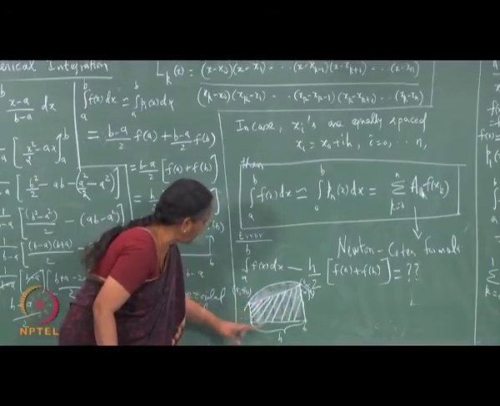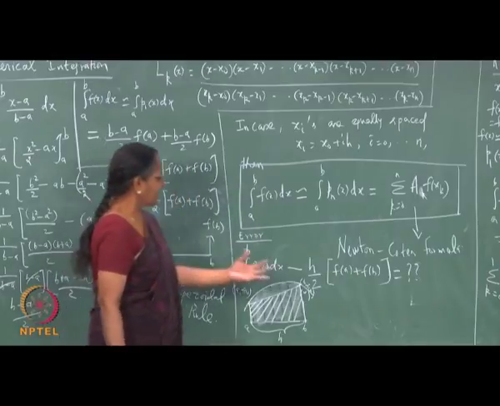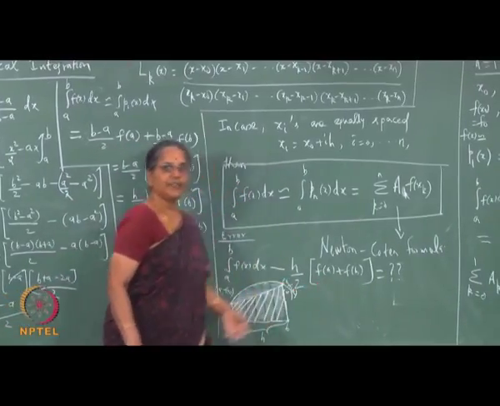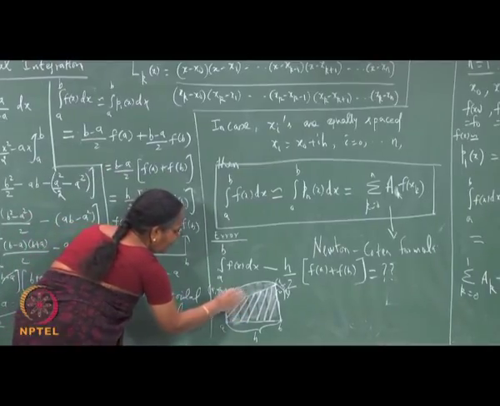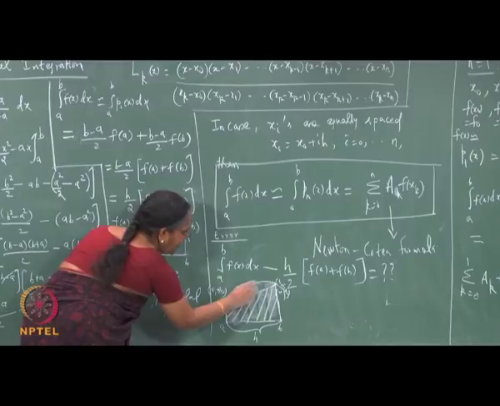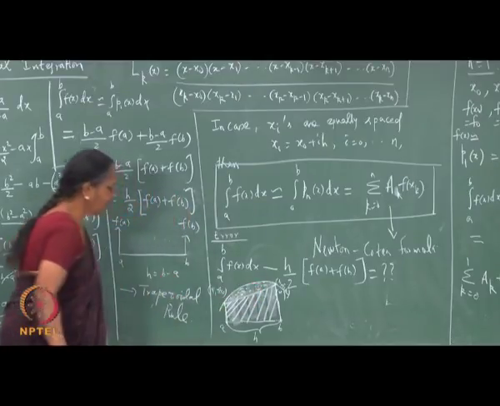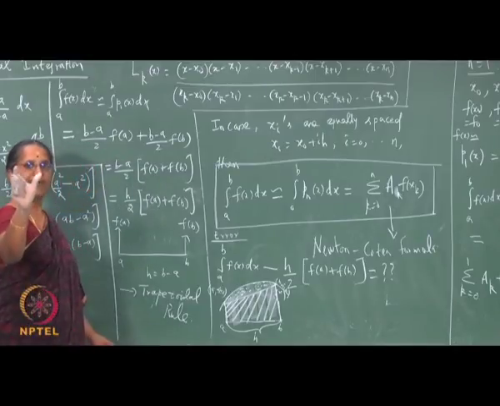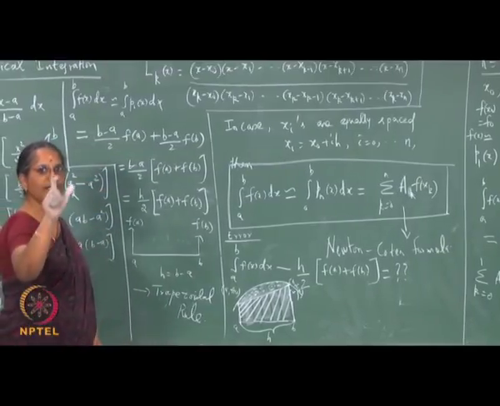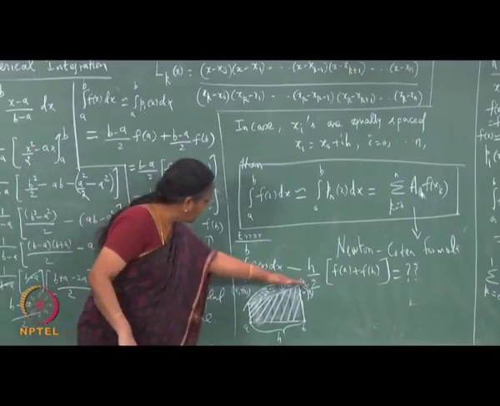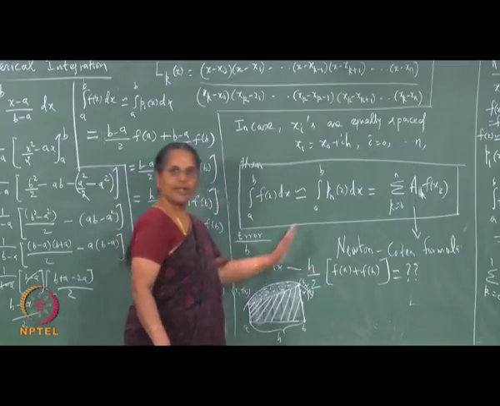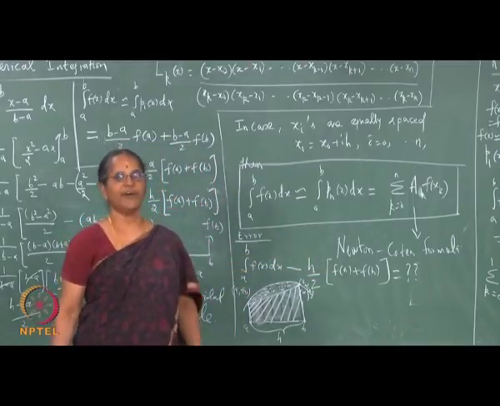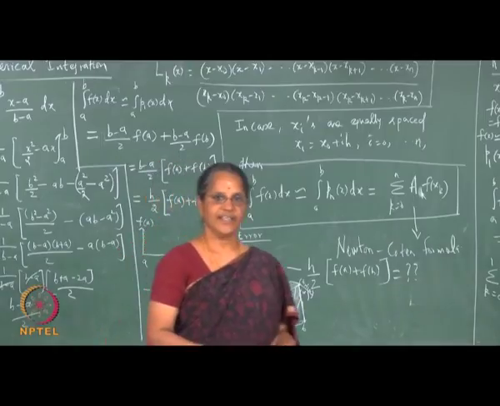So, h by 2 into [f of a plus f of b], and that is what you got as your formula. So, you got the area that is given here, and therefore, the error that has been committed by you is that you have not incorporated the area that is now marked. So, that much amount of error has been committed by you in approximating this function f of x by a linear polynomial. So, that is what we need to determine. We shall perform this error analysis in the next class.